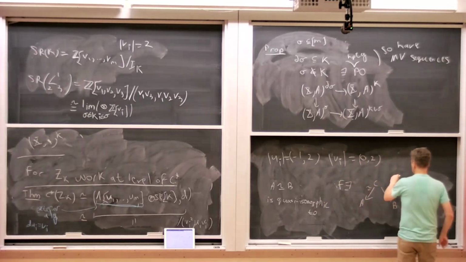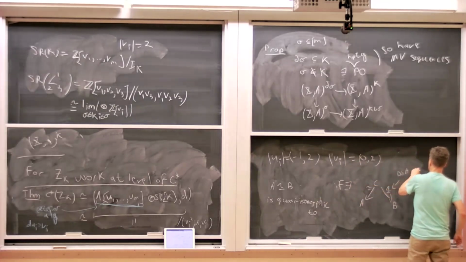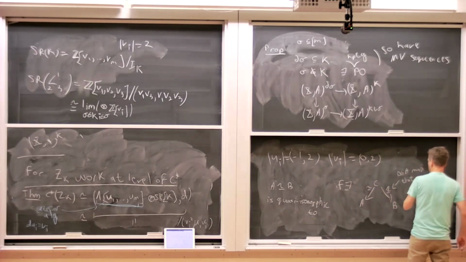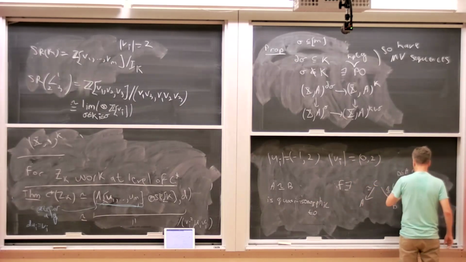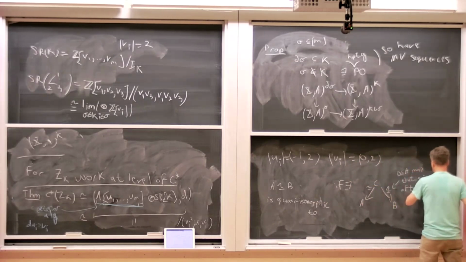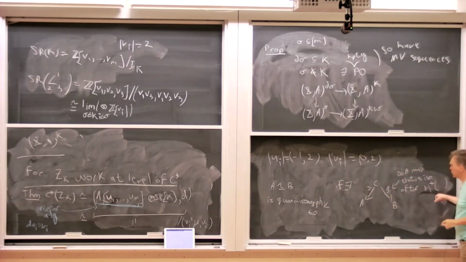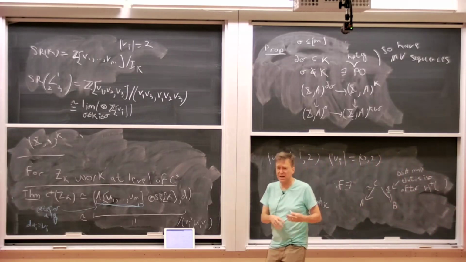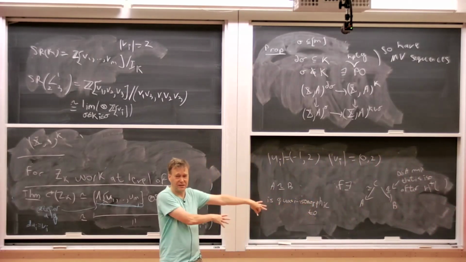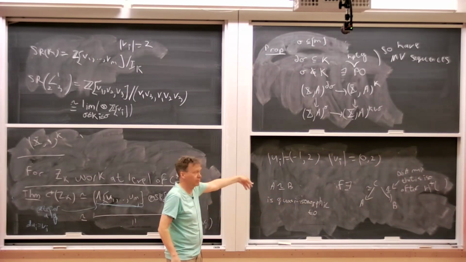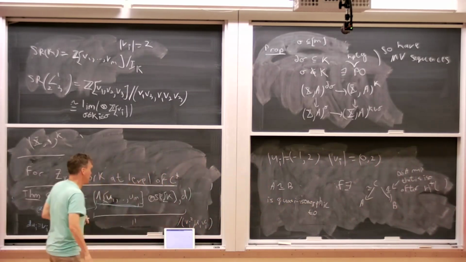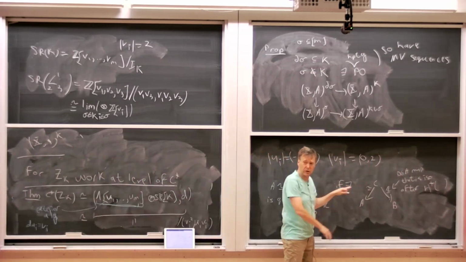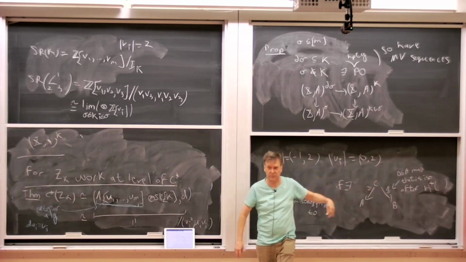So this is a DGA map that is an isomorphism after taking cohomology. Once you take cohomology, it will be an isomorphism. Normally people would think of these as connected by a sequence of them, but you can always reduce it to a sequence of length 2 like this, okay?